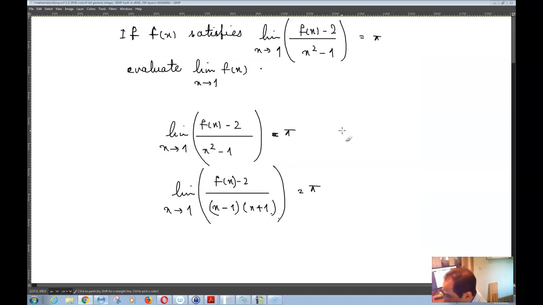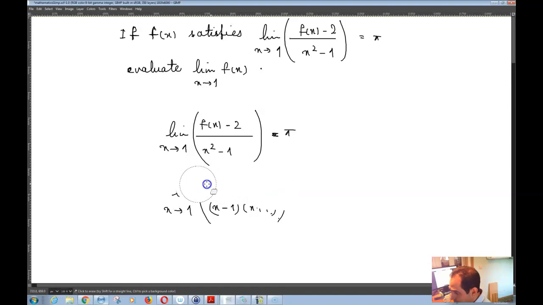Okay, so it turns out that all of the analysis that we did was not really necessary, meaning that of course we don't need this step over here. Basically we have the limit of f of x minus 2 over x squared minus 1 as x tends to 1 is equal to pi.